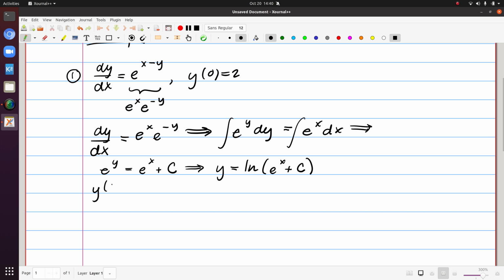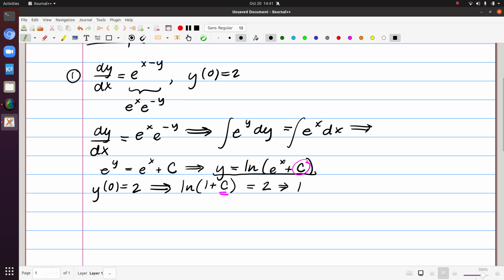Now, using the information that y of 0 is 2, I come to my general solution, plug in 0 for x, and what I would get is e to the 0, which is 1. So we'd have natural log of 1 plus c is 2. Our goal is to identify what c is so that we can drop it back in our solution function. So I've got the expression natural log of 1 plus c equals 2.